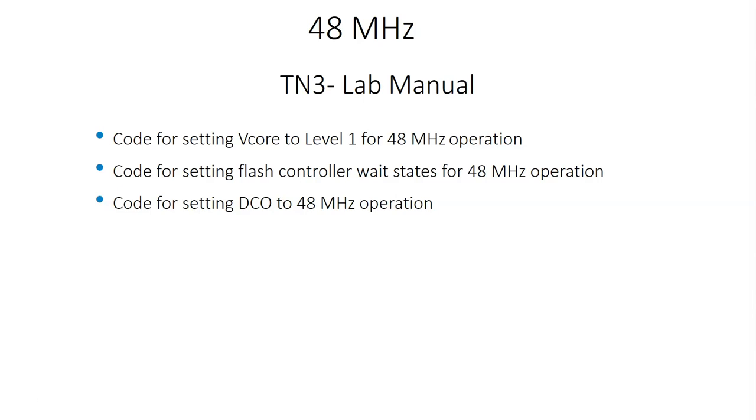Essentially, before you can change the DCO to operate at 48 megahertz, you first need to change the voltage level for the chip. After waiting a certain amount of delay for that circuit to energize, you'll also need to modify the settings for the flash controller so it has some additional wait states because you're operating at a higher frequency. And then finally, you can do the code for changing the DCO to 48 megahertz.